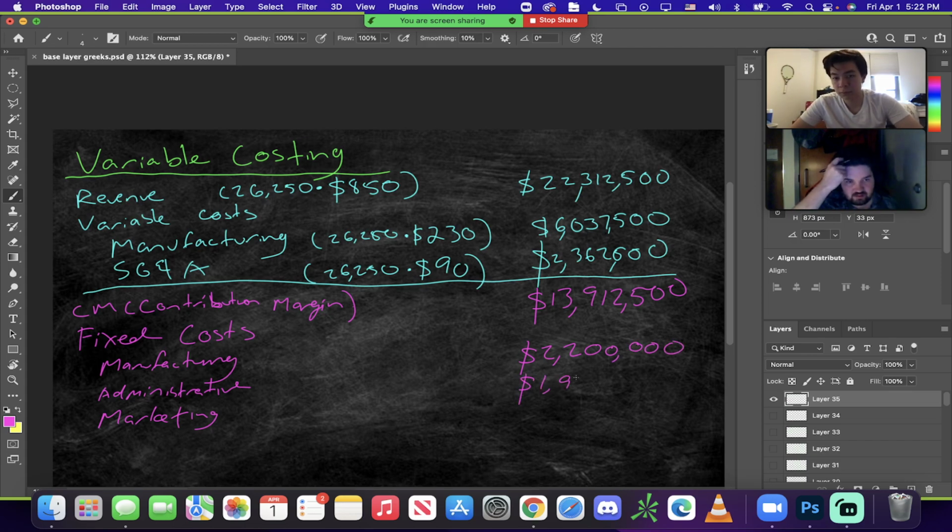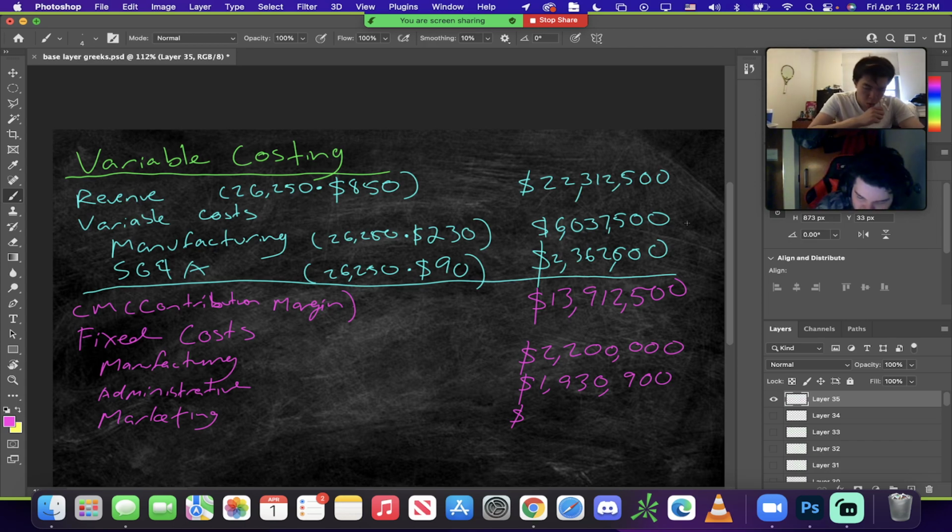Would the administrative and marketing be SG&A costs for fixed? If you wanted to, you could combine those two and call them SG&A for one line. Okay, I'll just do it as three lines. I'm too lazy to combine them, so I'm doing them as separate lines.